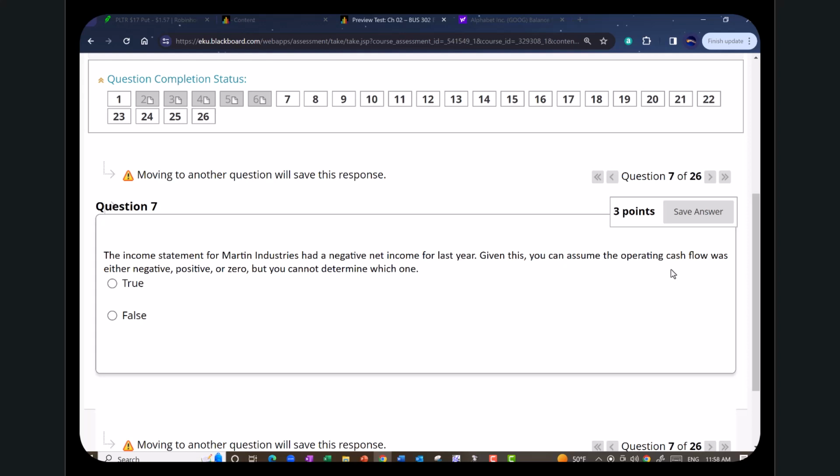True. Why is it true? You also have to evaluate the depreciation and the interest. Exactly. You have to add depreciation and interest expense. Those may be high enough to compensate for that negative income, then you'll be just fine. See, that was a beautiful explanation.